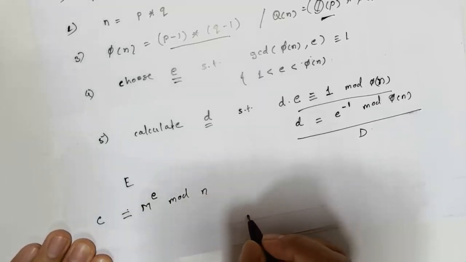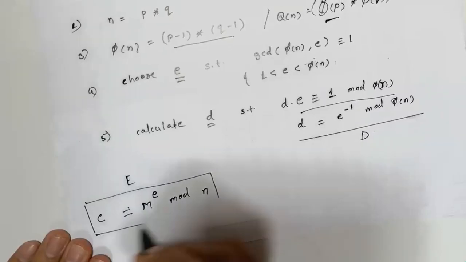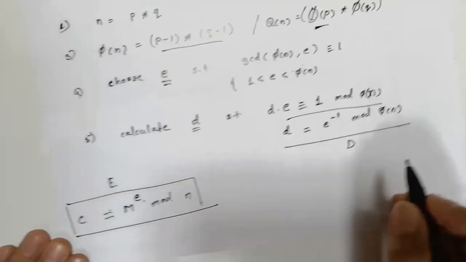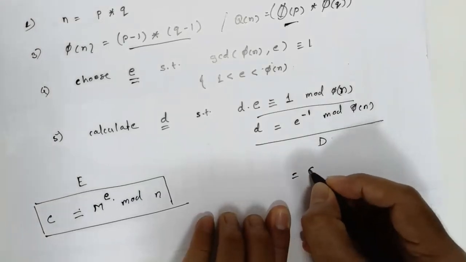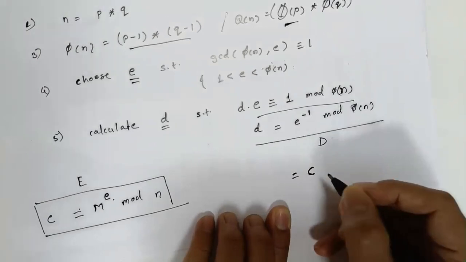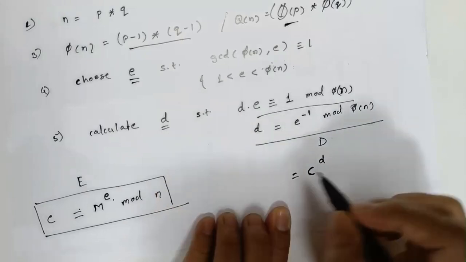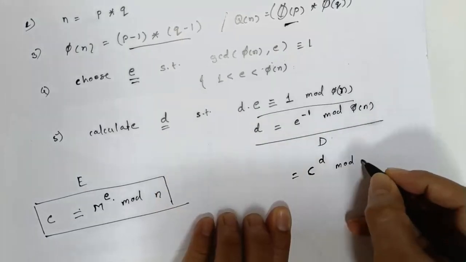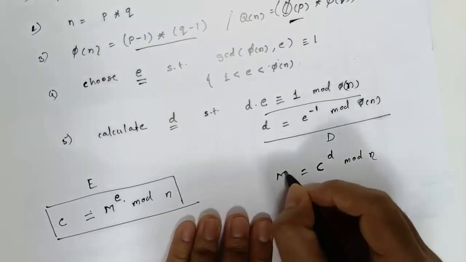While doing the encryption, you are using the public key. Now for decryption, whatever the ciphertext is, that is raised to the private key, and again you have to do a mod operation on N, and that will produce the original message.